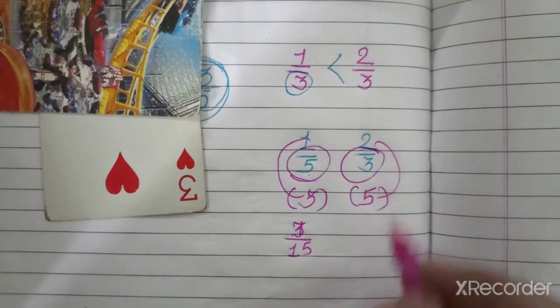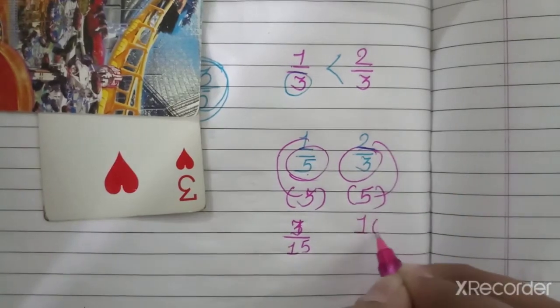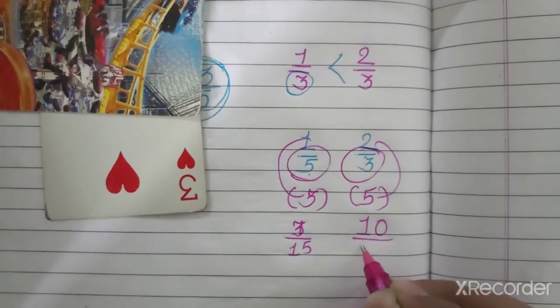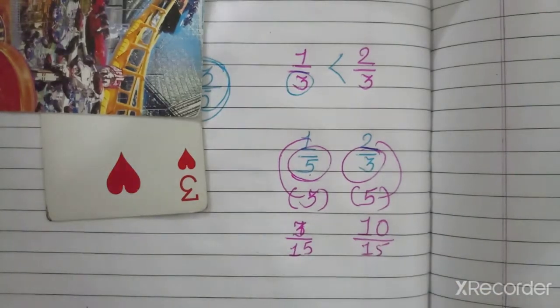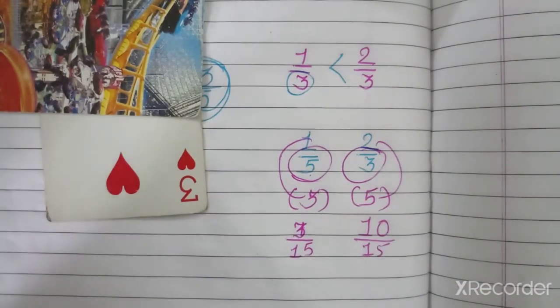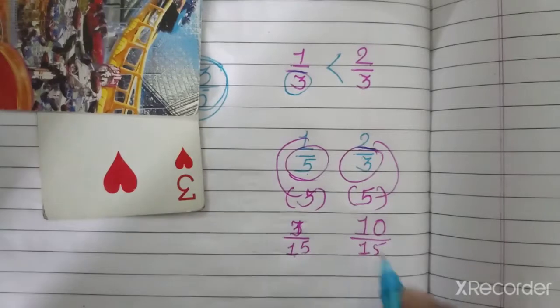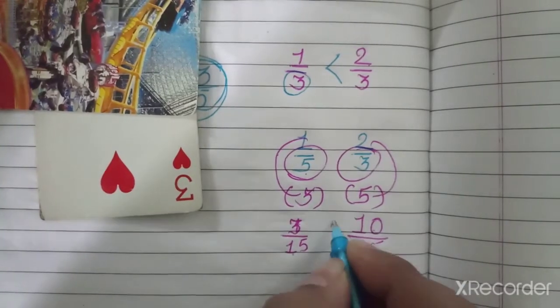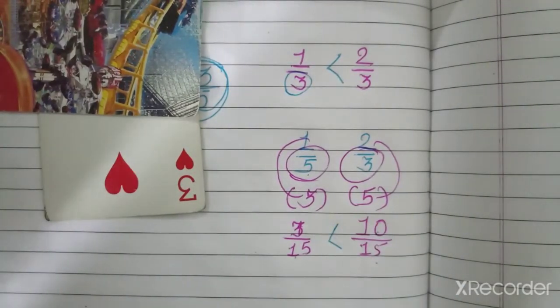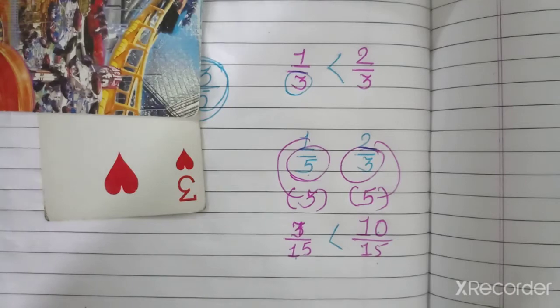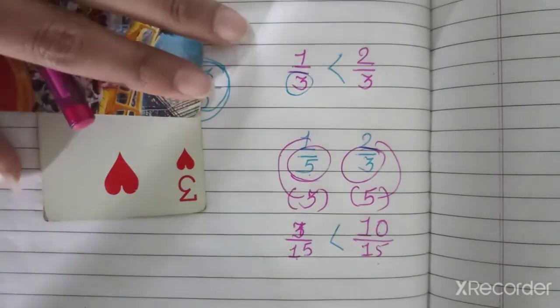And here 2 into 5 is 10, so 10 by 15. Which is greater? 3 by 15 or 10 by 15? 10 by 15 is greater. In this way you can solve comparison sums.